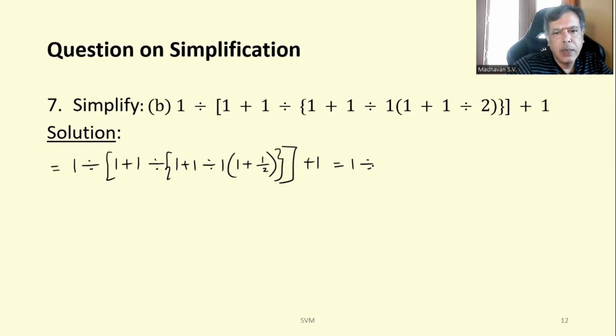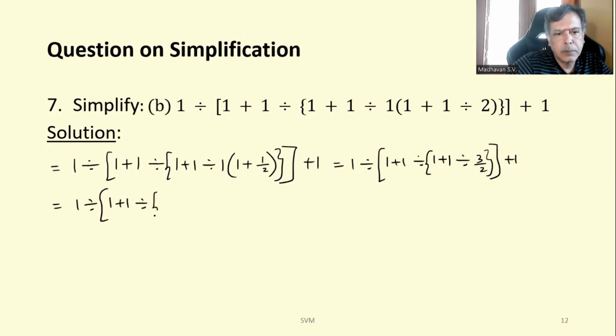Again, 1 divided by 1 plus 1 divided by 1 plus 1 divided by 1 plus 1 by 2 is 3 by 2. So that will be rewritten as 1 plus 1 divided by 3 by 2, which is same as 1 multiplied by 2 by 3.